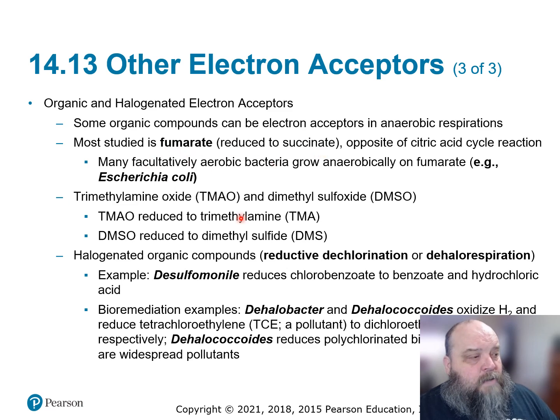So we do the reverse of it, and in the process, taking that electron and a hydrogen and adding it to fumarate to get succinate. The citric acid cycle, if you don't remember, takes the succinate, turns it into fumarate, and pulls off a hydrogen and excited electron to reduce NAD to NADH.